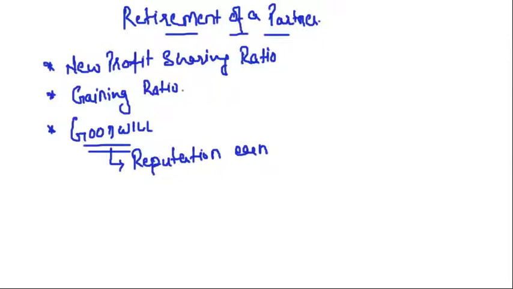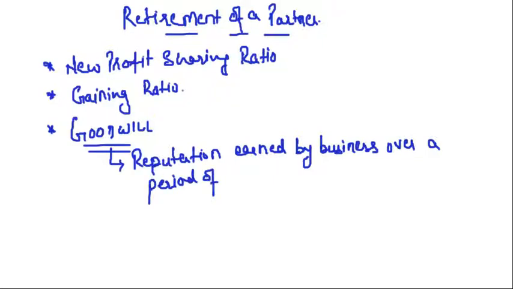Goodwill is reputation earned by a business over a period of time. Right? Goodwill is the reputation of the business that has been earned over a period of time by the hard work of all the partners.